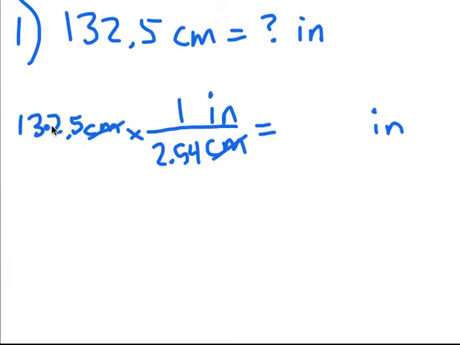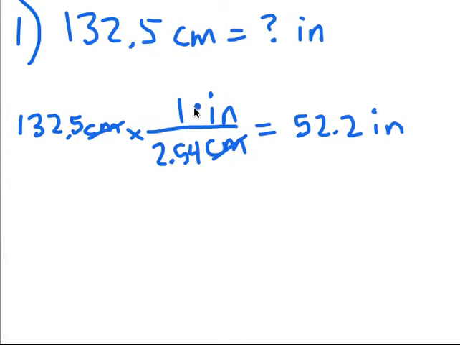So you would take your calculator and punch in 132.5 divided by 2.54, and then we would write down 52.2 as our answer. Again, we divided because this number's on the bottom. If the number would have been on the top, we would have multiplied.